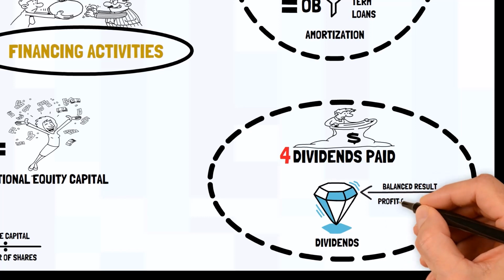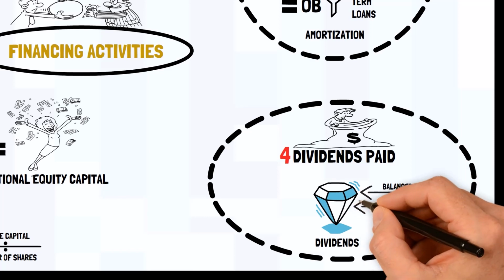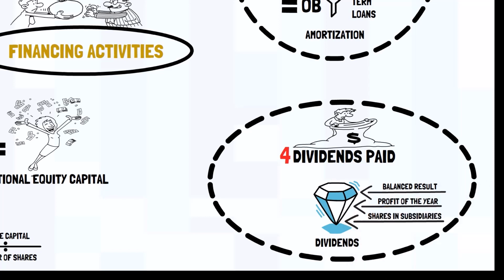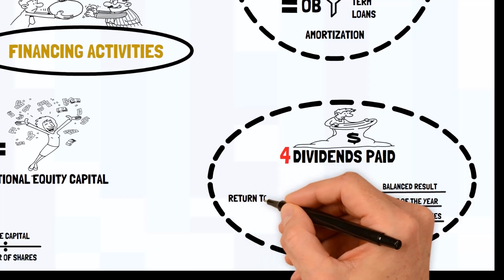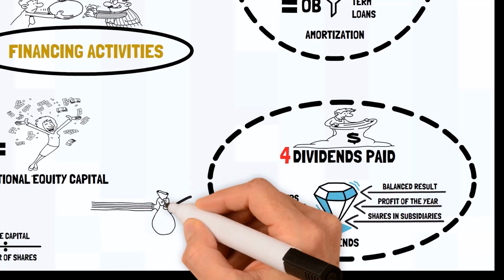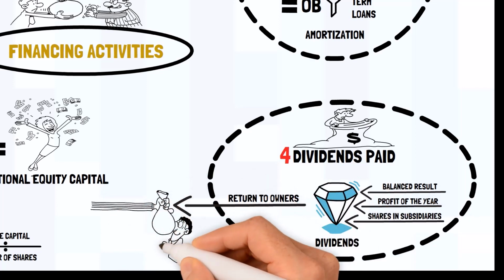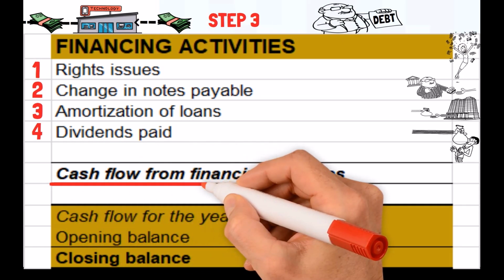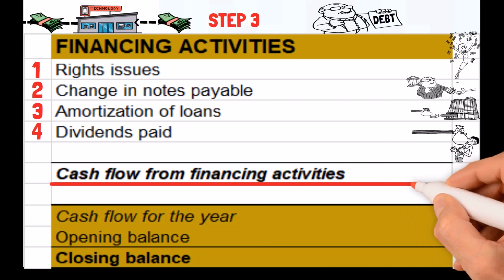It can also consist of the year's profit, or, for example, shares in subsidiaries distributed instead. The capital is distributed to the owners and becomes a form of reward or return on the owners' invested capital in the business. Taken together, these 4 parts show the total cash flow from financing activities.